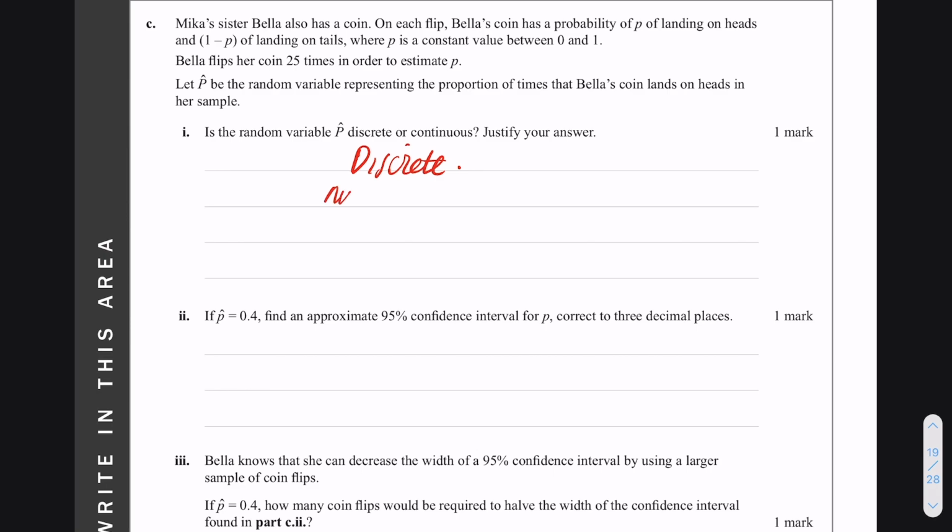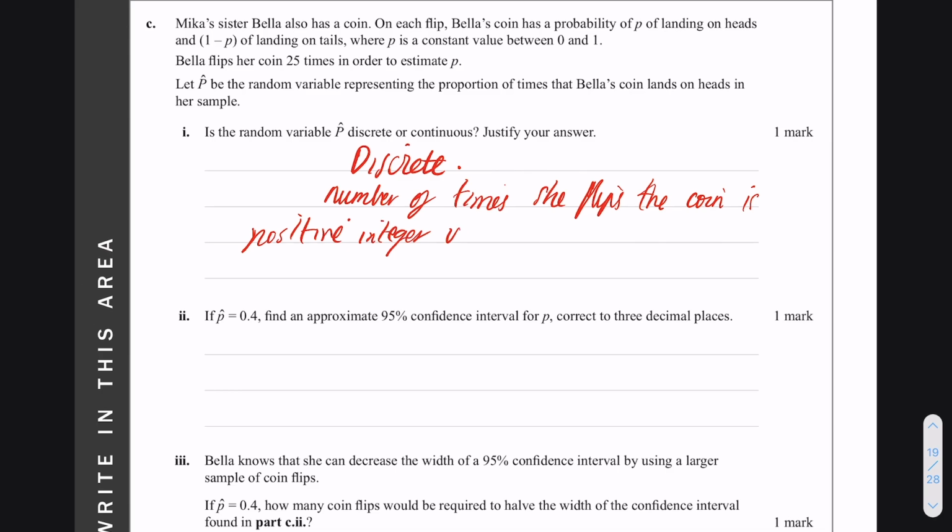Well, the number of times she flips the coin is positive integer values, because you can only flip it 1, 2, 3, 4, 5, and so on, including 0 as well, because you can flip it 0 times.